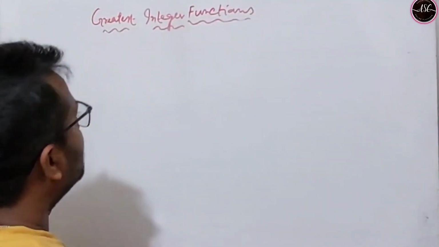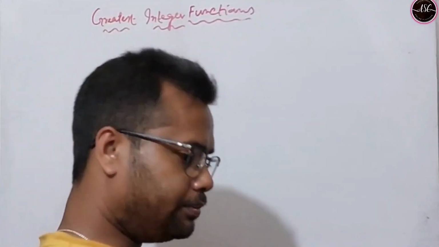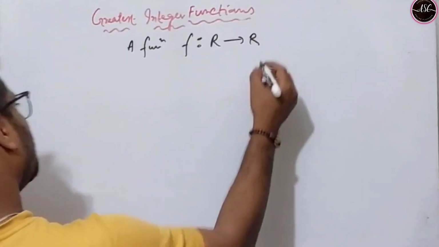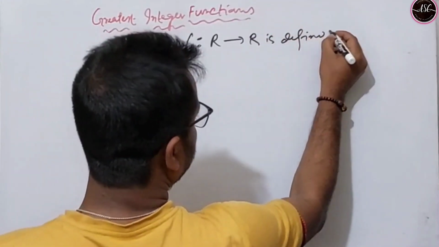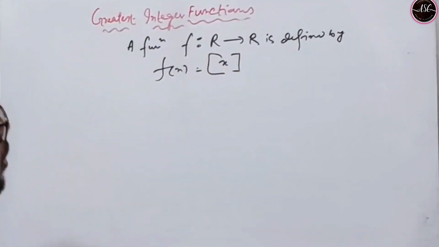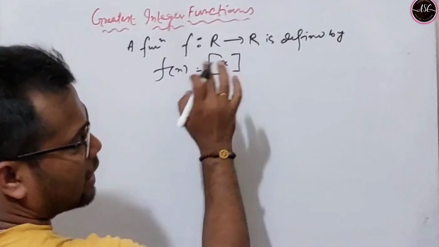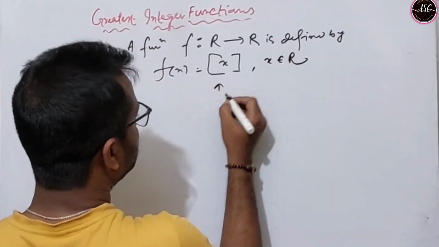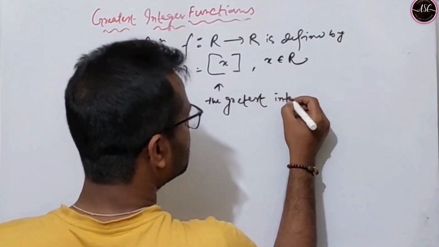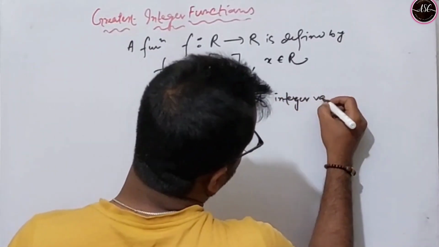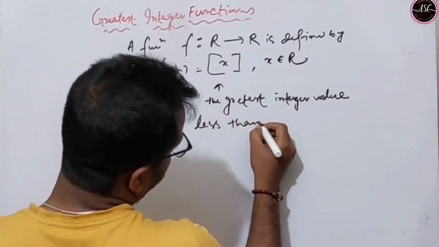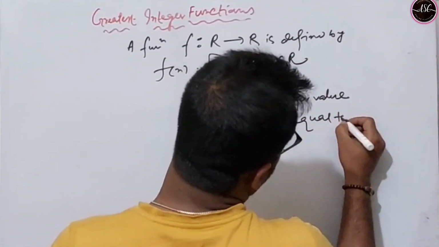Now going to learn about the greatest integer function. This is most important. A function f from R to R is defined by f(x) equal to [x], that means the greatest integer value of x, x belongs to R. This is the greatest integer value, that means less than or equal to x.